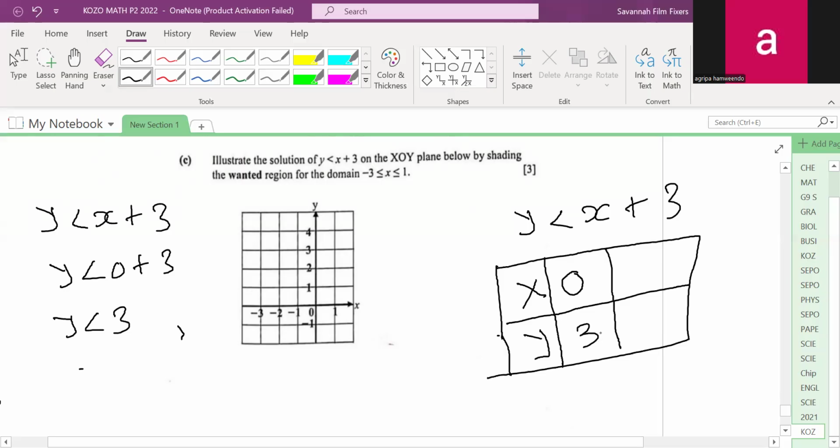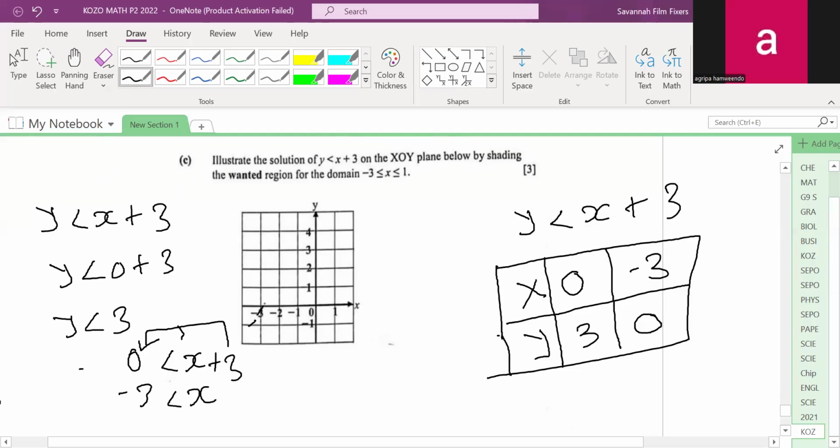Then if you want to know where it's cutting the x-axis, we say y is equal to 0. So where there is y, you put 0, x plus 3. The 3 will cross over, so it will be at negative 3. So it's cutting the x-axis at negative 3.